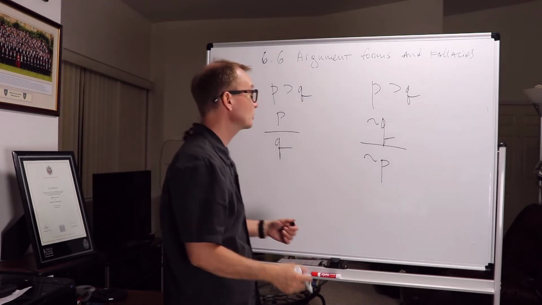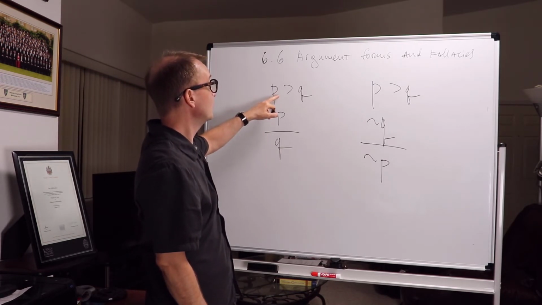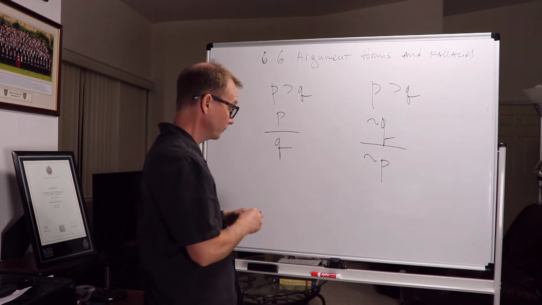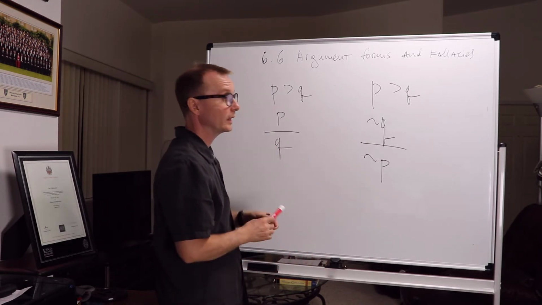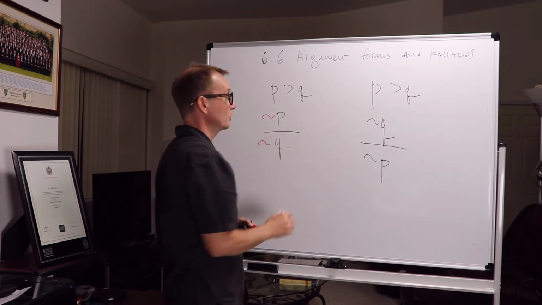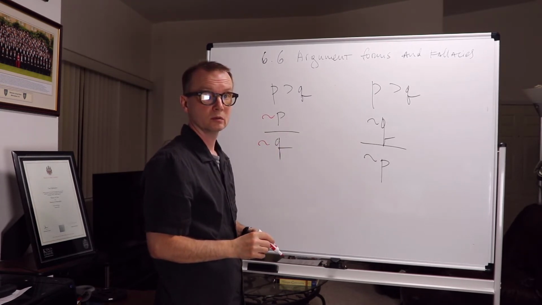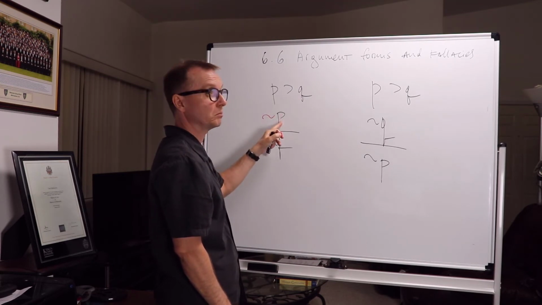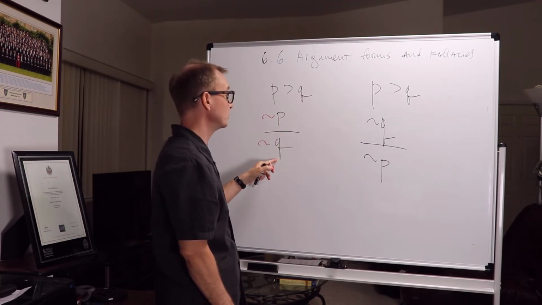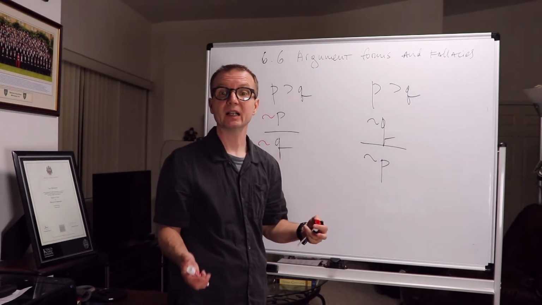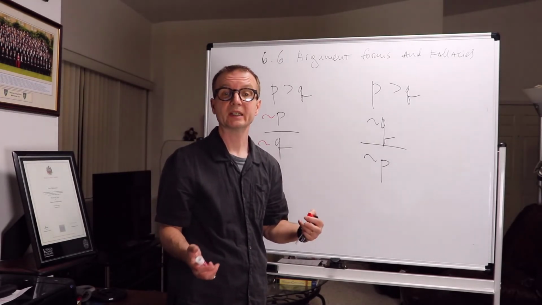What two other things can you do? So instead of if P then Q, P, Q, you can try to go the other way and say not P, therefore not Q. You see the difference? So you're saying if P then Q, not P, therefore not Q. It may seem like this is a valid way to go, but it actually is not.